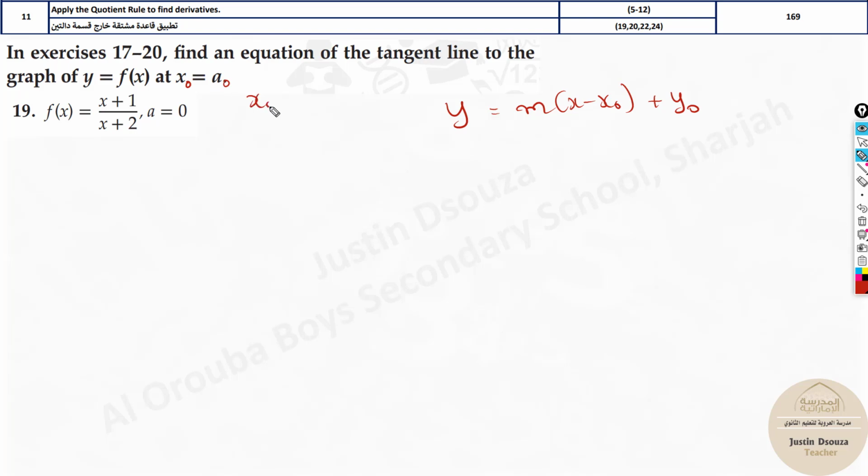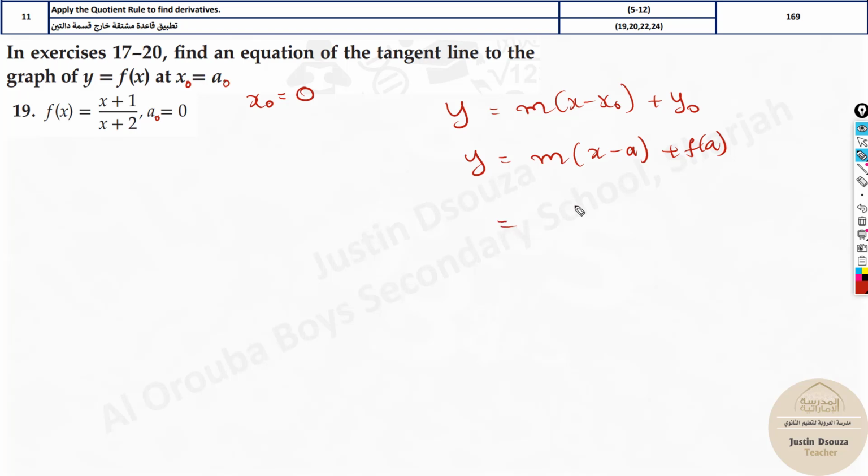So basically x naught, this is a, right, is 0 in this formula. Okay, another version of this is m into x minus a plus f of a. This is also one more version. There are various versions, okay? Whichever is convenient. If you think, oh, this is easy, a, yeah, take it. Or just understand this is x naught.